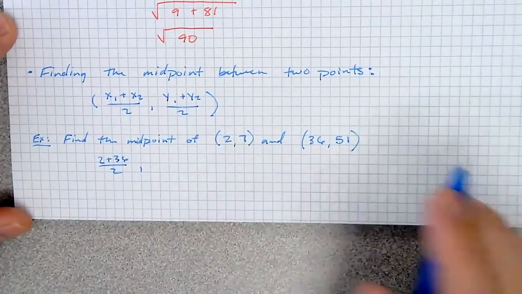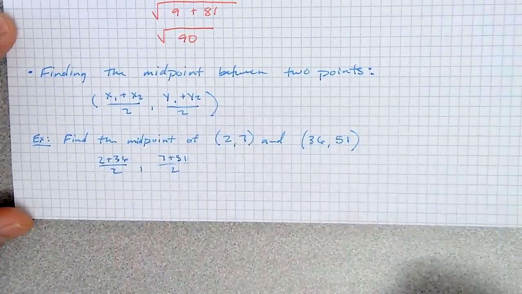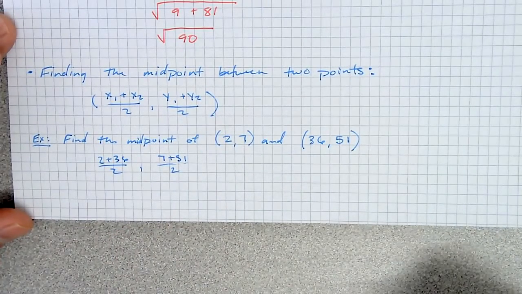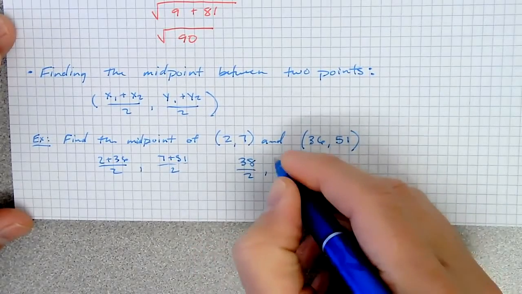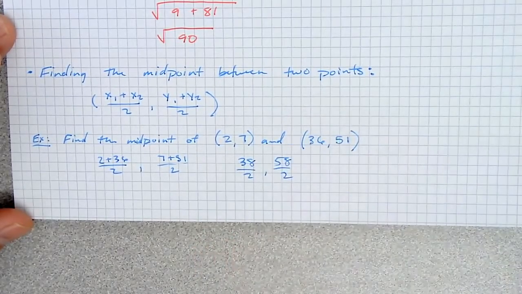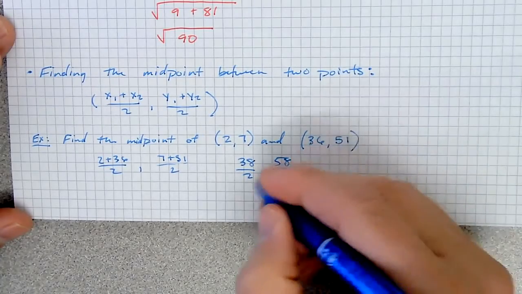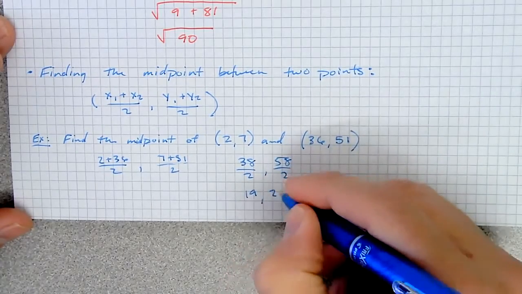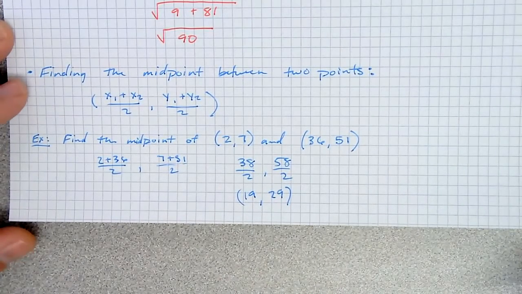Add your y values together, 7 plus 51, divided by 2. You get 38 over 2 and 58 over 2. So the midpoint would just be (19, 29).